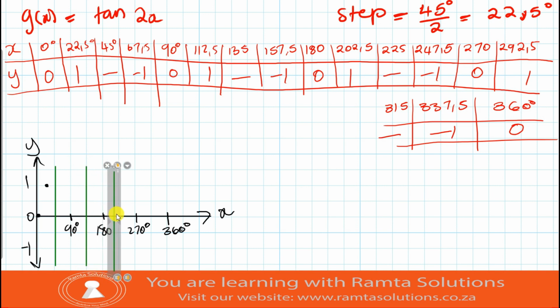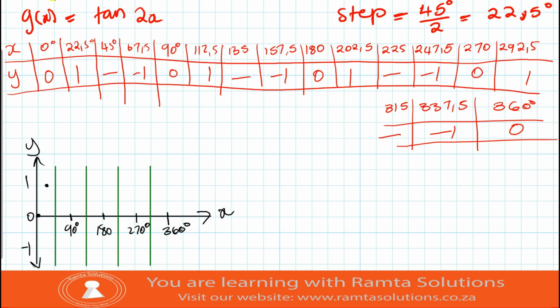We also find it at 225. 225 is half of this, so it's here. And then we also find it at 315. So 315 must be here. Okay, perfect.